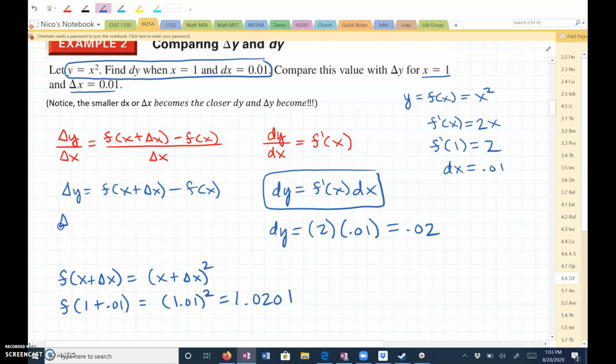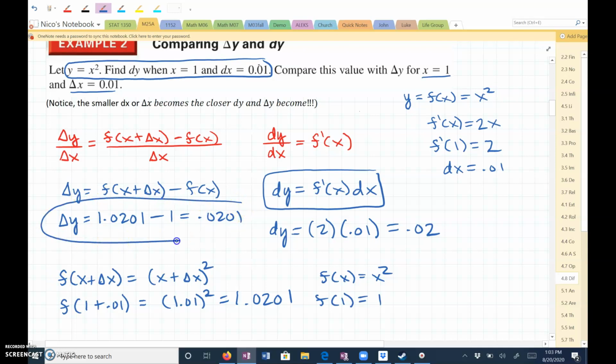So now we know delta y is equal to 1.0201 minus f of x. Well, f of x is equal to x squared. When x is 1, this would be 1. So this is going to be equal to 0.0201. So now we can compare these two. It's a pretty good approximation. They're pretty close to being the same value.